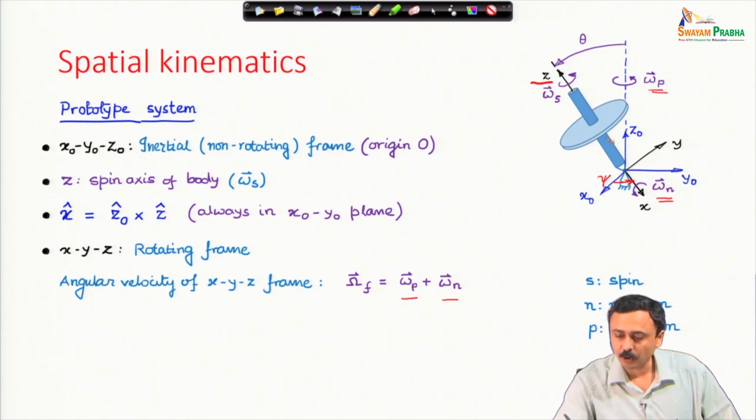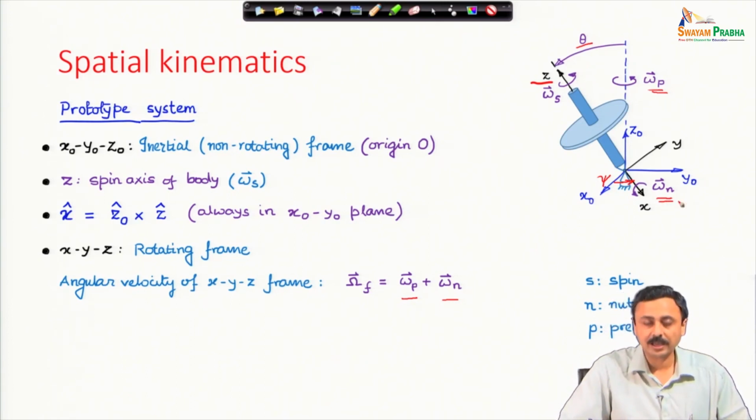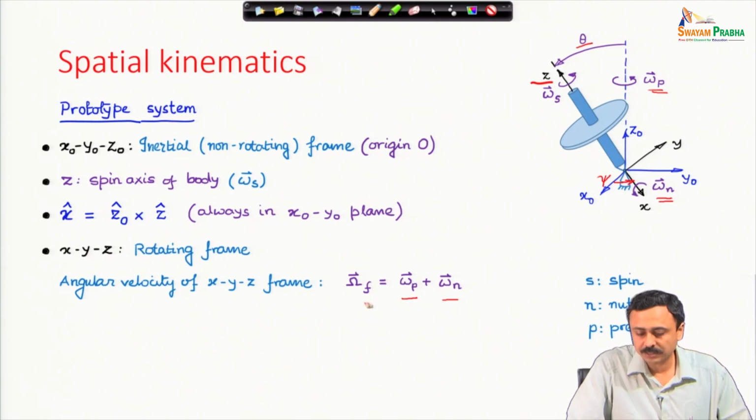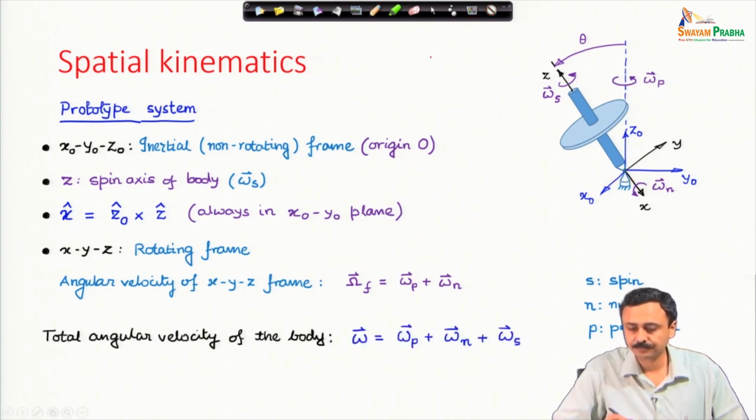If the body tilts, if this angle theta changes, then you have omega n. Therefore, theta dot, the rate of change of theta, will give you the magnitude of the nutational angular velocity of the frame. Therefore, the frame angular velocity is composed of two parts, omega precession plus omega nutation. That gives us the angular velocity of the frame.